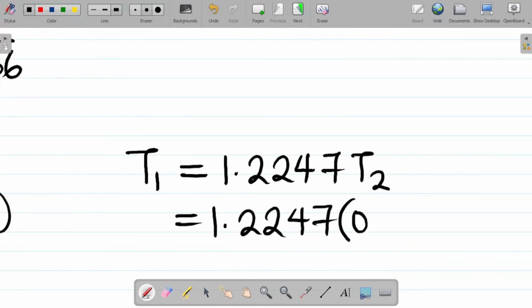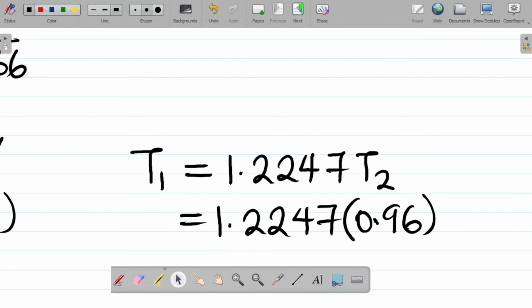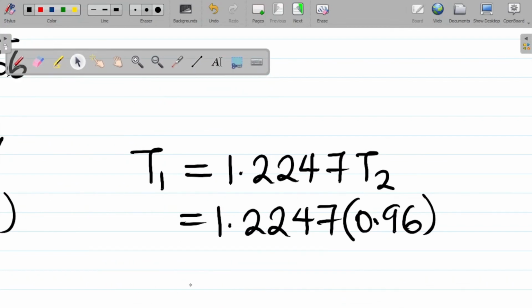If we multiply this, we now have that T1 is equal to 1.2247 times T2. Your answer is about 1.18 Newton approximately.